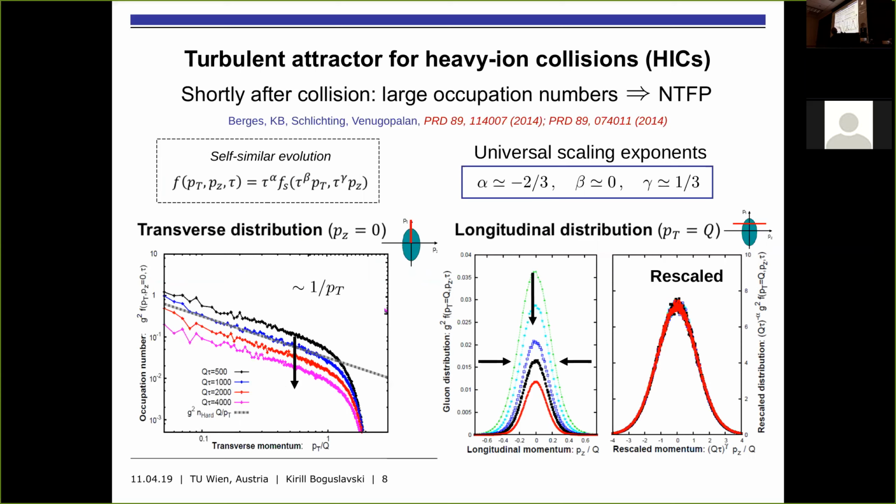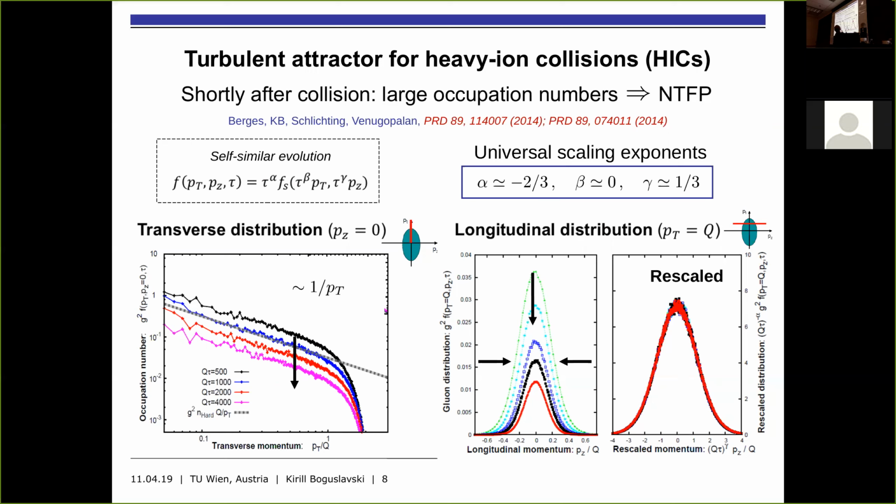you get some kind of self-similar evolution. Because you are anisotropic, you get power laws in the transverse and longitudinal directions. You have an expansion in the z direction, which gives you anisotropy in momentum space, so you have different exponents for pt and pz.